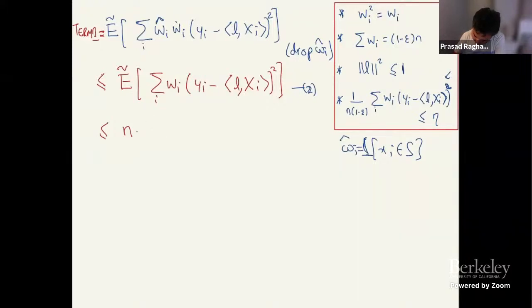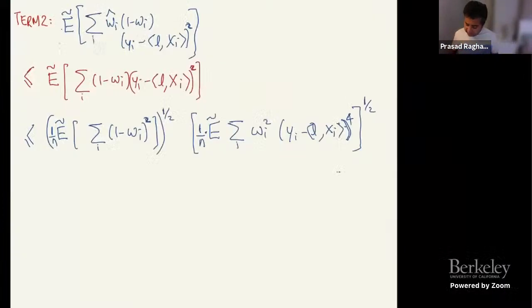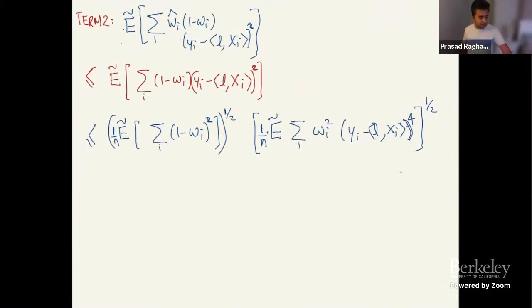I've been a little bit careless with my notation. I should have stuck with eta, but now I have delta, so n times delta. So that's it. Term 1 is easy. Term 2 is where something interesting happens, where we have a little bit of work to do.